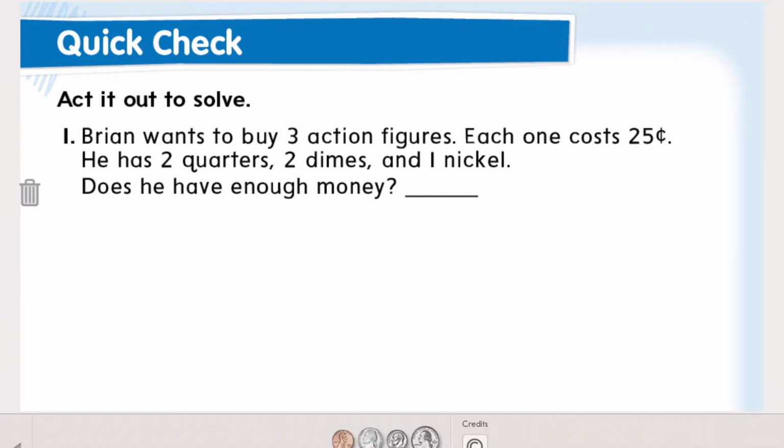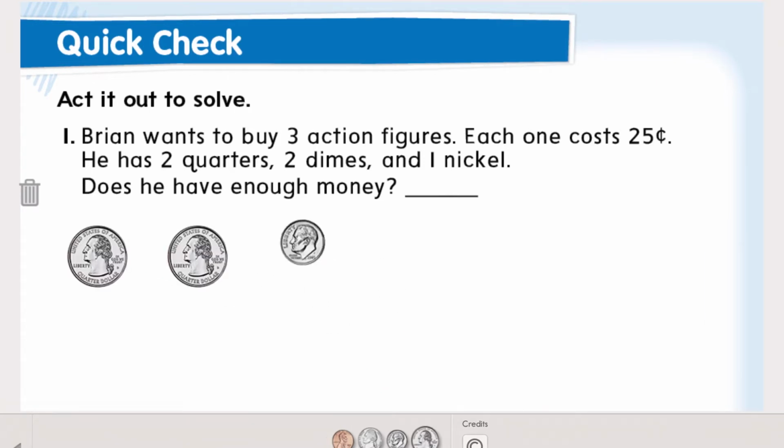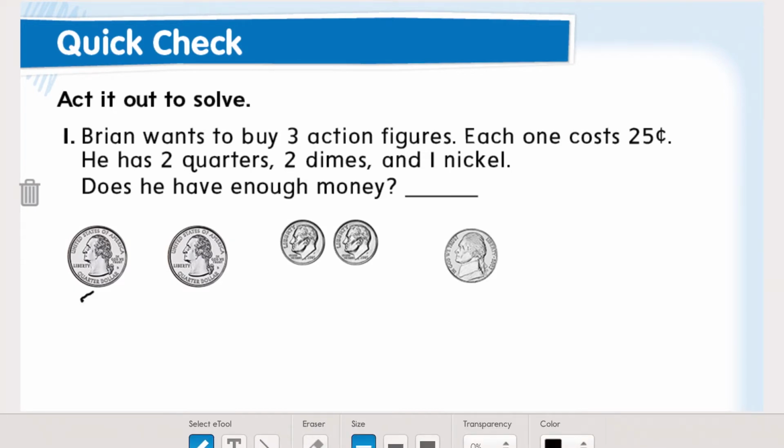It says that he wants to buy 3 action figures, and each one costs 25 cents. He has 2 quarters, 2 dimes, and 1 nickel. Each one costs 25 cents. So here's 25 cents. This would buy his first action figure. Here's 25 cents.